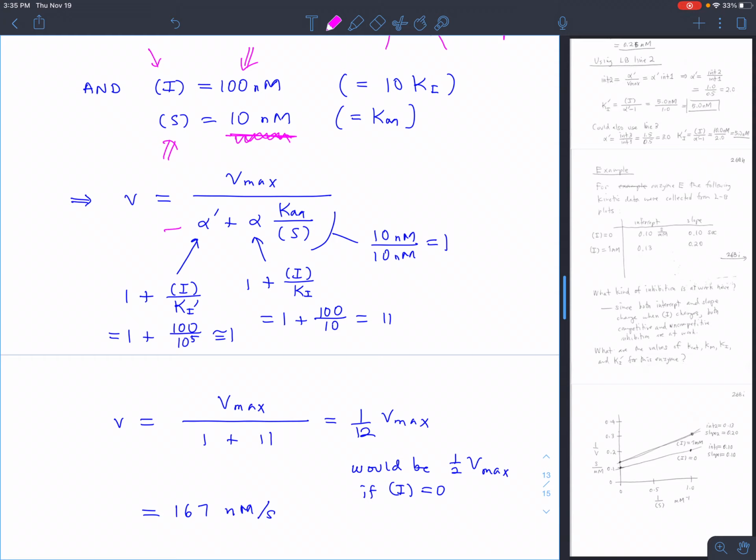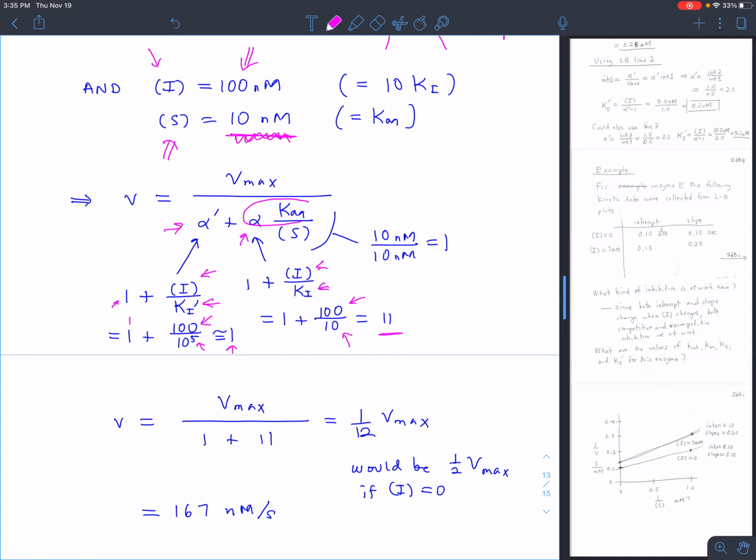So alpha prime here is 1 plus I over Ki prime, which is 1 plus 100, 100 for I, over 10 to the 5th, which is 1.001, 1 close enough to 1. But alpha now is 1 plus I over Ki, and I is 100, Ki is 10, so alpha is now 11.